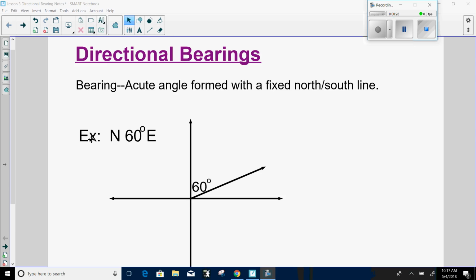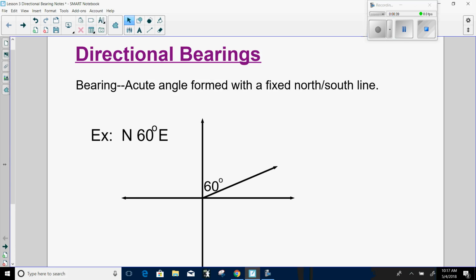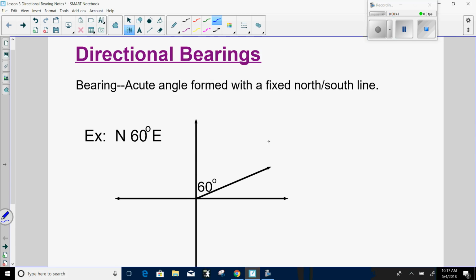So an example would be north 60 degrees east. What that does is you start here at the origin and go to the north axis on your y-axis. You're going to rotate 60 degrees to the east. So this would be north, east, south, west.